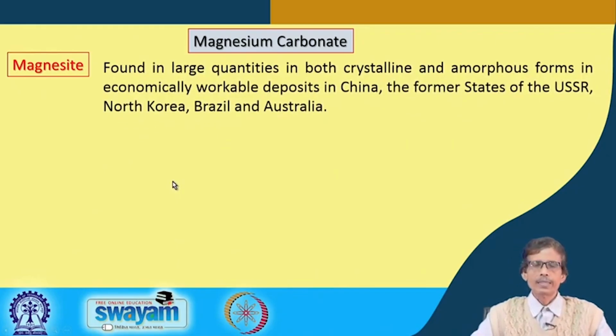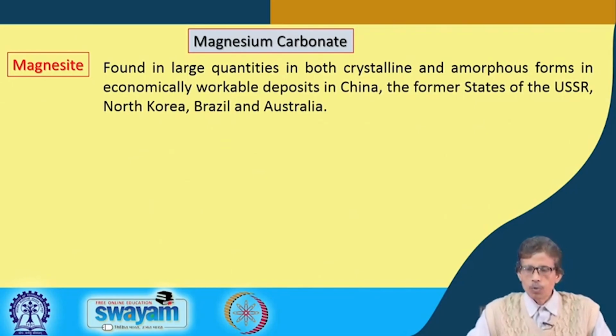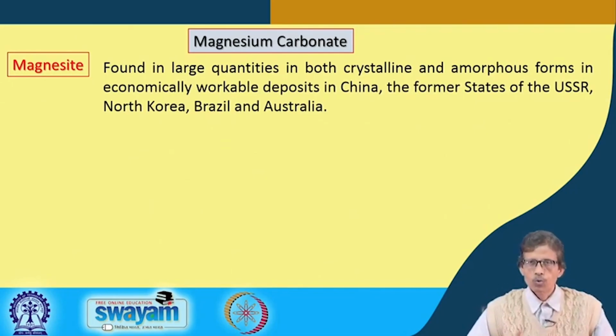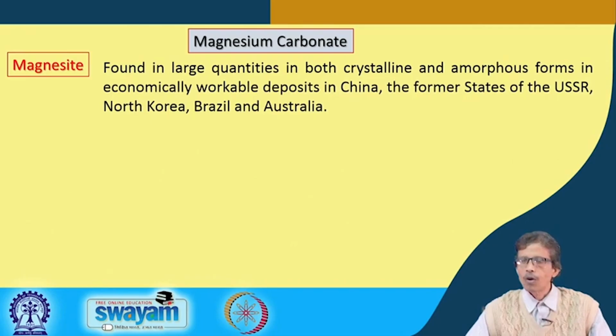Where do we get this magnesite from? It is basically found in large quantities in both crystalline and amorphous forms. So, two forms we can consider. One is the crystalline form and another is the amorphous or powdery form, which is non-crystalline in nature. We have some areas with economically workable deposits, because we cannot handle just any deposit; the percentage or composition of the magnesium bearing material should be very high.